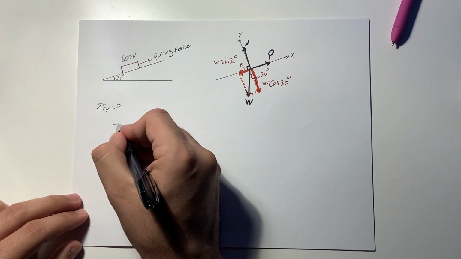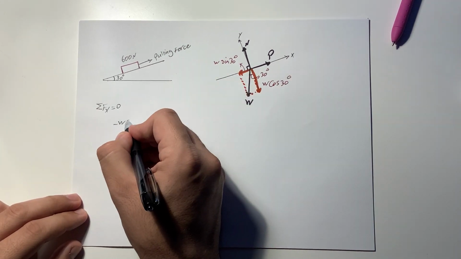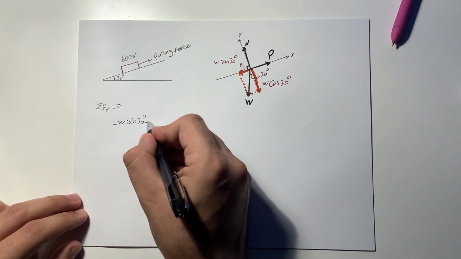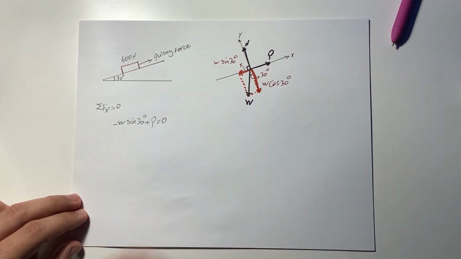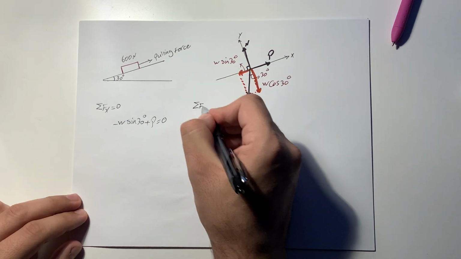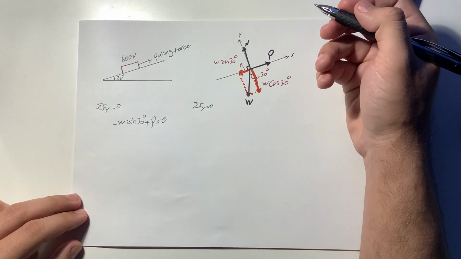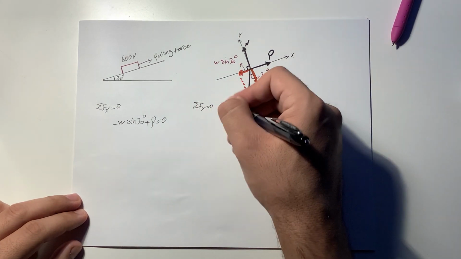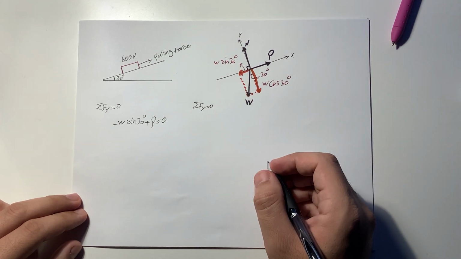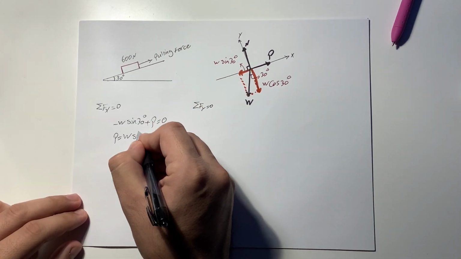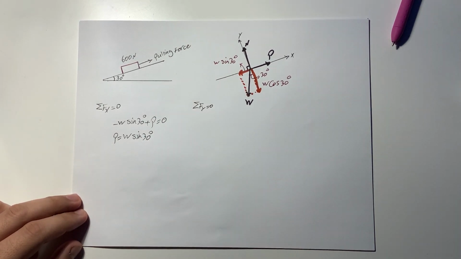We have negative W sine of 30 degrees, and then we have this one, P, equal to 0. And in the y direction, these two forces are canceling each other out, so we don't need to write that right here. So from here, we can say P equals W sine of 30 degrees.